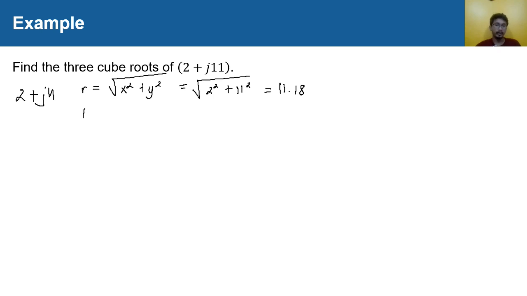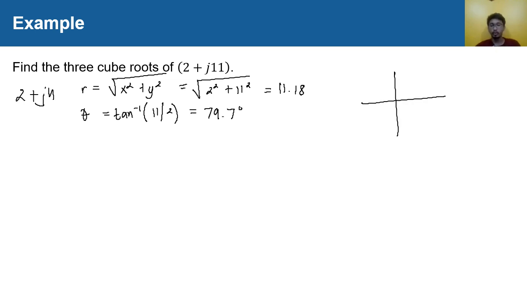And then for your angle theta, that is the arctangent of y over x, which is 11 over 2. So we have the value 79.7 degrees.